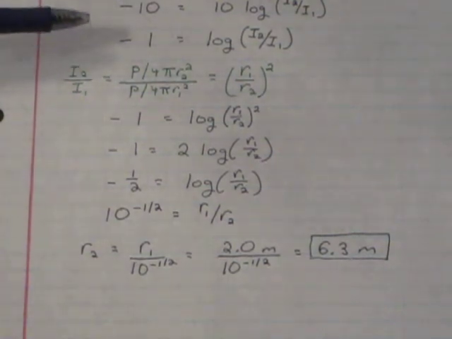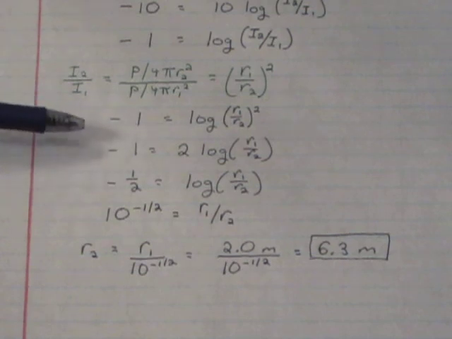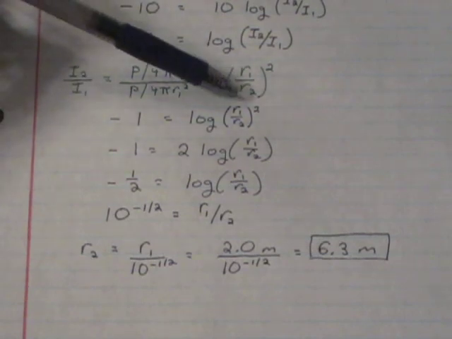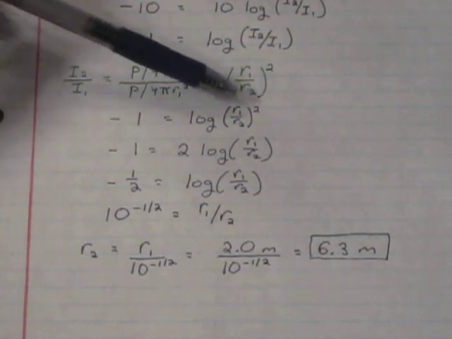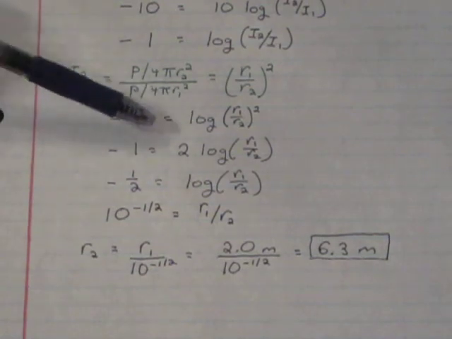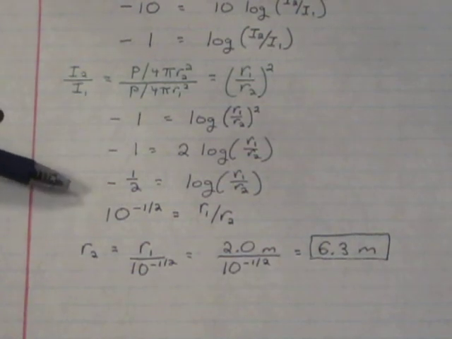So back to the logarithm equation that we left off up here. Now we have -1 equals logarithm of r1 over r2 squared. Using some rules of logarithms, let's take that little 2 up there and make it the coefficient on the logarithm. So it's -1 equals 2 times log r1 over r2. Divide both sides by 2.